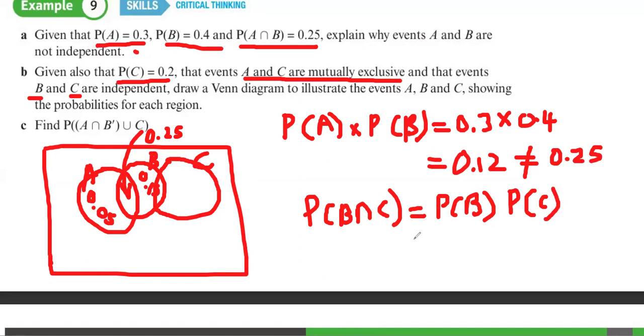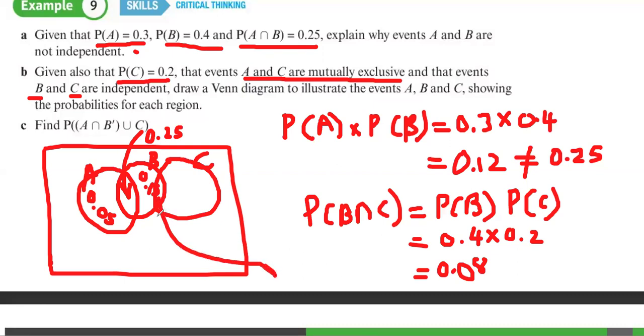P(B) equals how much? 0.4. P(C) is also given, 0.2. Therefore, total is 0.08. 0.08 means this much, the intersection area.